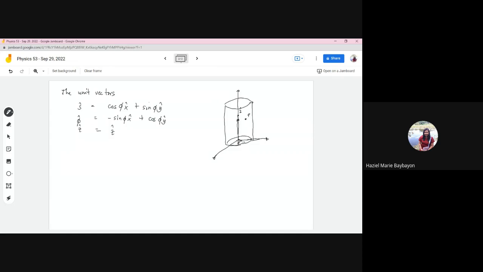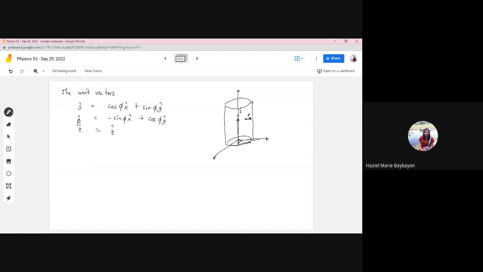It is tangent to this circular path, pointing into the direction of maximum increase.